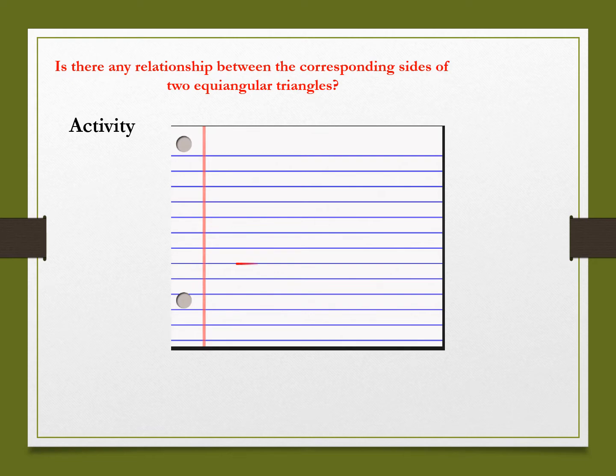Draw the base along any of the lines that is already there in this ruled sheet of paper, children. I am drawing it slowly so that you will also do it along with me here. In case you don't have the material, please pause the video and complete this activity before you proceed. Clear? This is very important that you do this activity on your own.